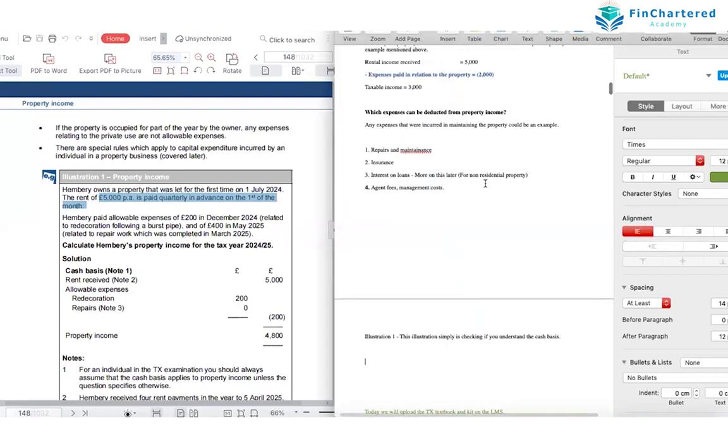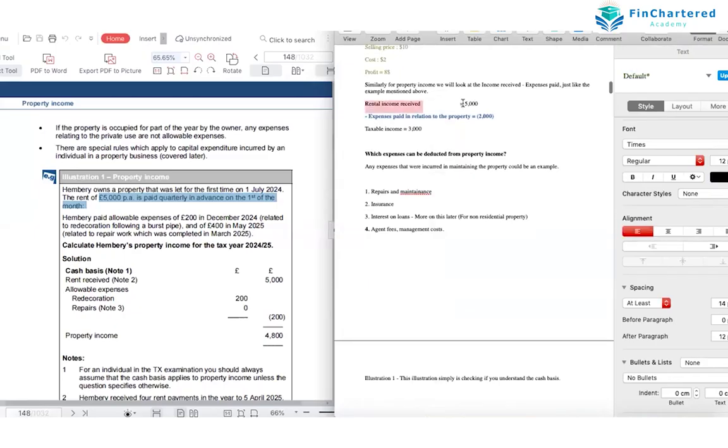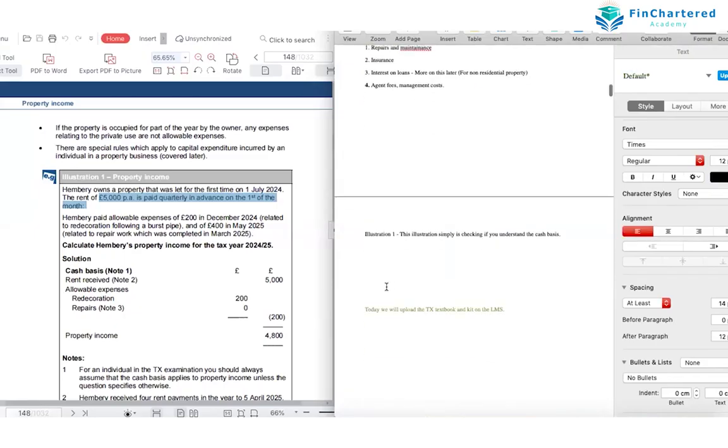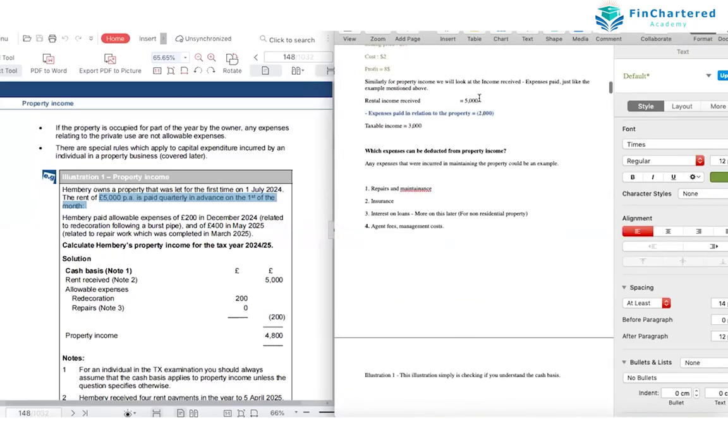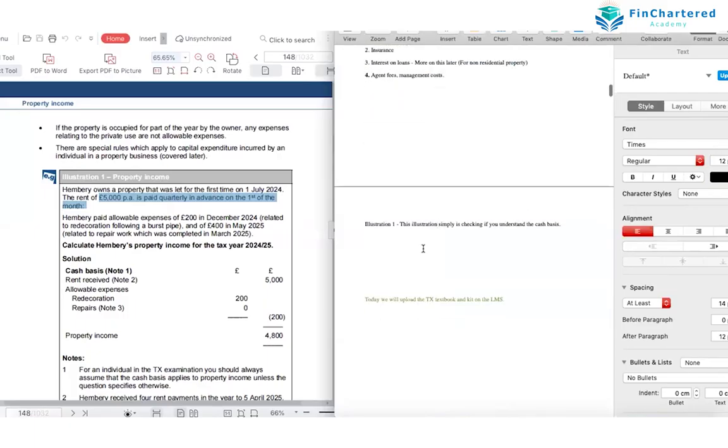So again, implement this formula. Rental income received, just copy paste it. That's why I took 5,000 here, because I knew this example was coming. The rent received is 5,000. I don't care when I received it. I just know that I received cash of 5,000, so I'm taking that 5,000 into consideration.